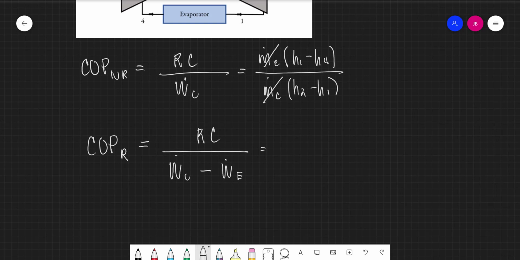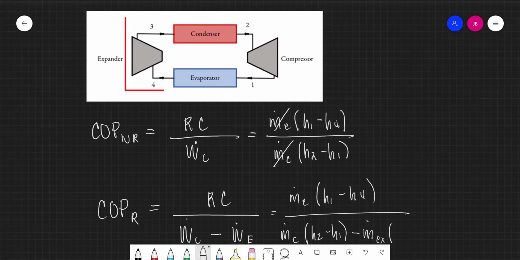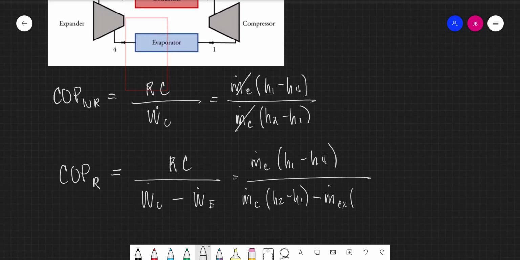So this gives us M dot E times H1 minus H4 divided by M dot C times the enthalpy change in the compressor, which is H2 minus H1 minus M dot at the expander multiplied by the enthalpy change in the expander, which is H3 minus H4.